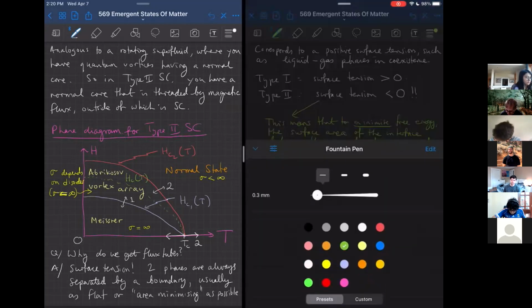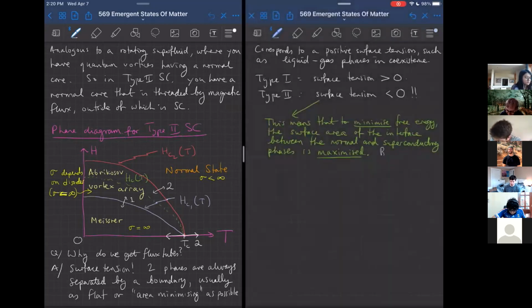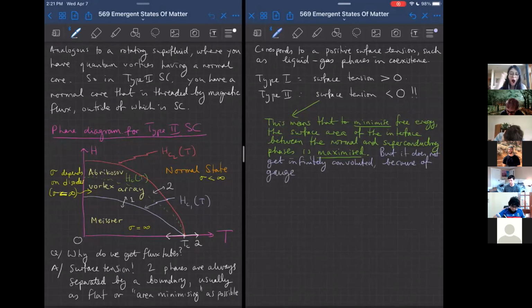And the reason for that is to do with gauge invariance. And what does gauge invariance do?